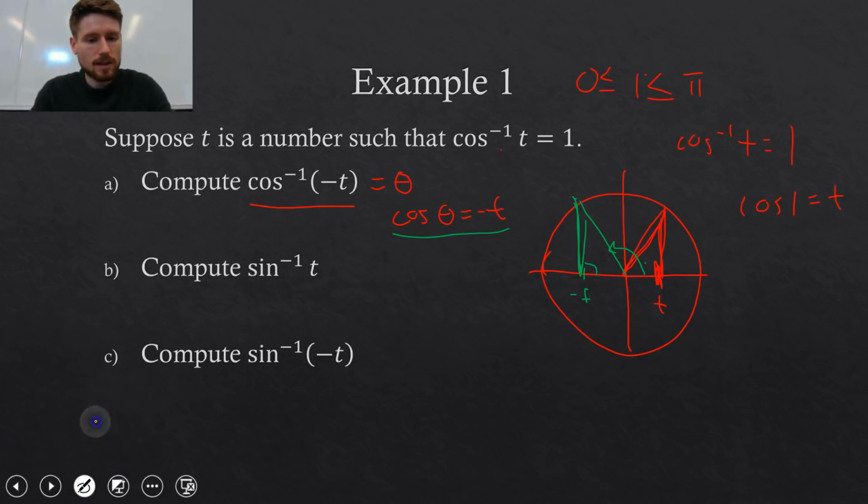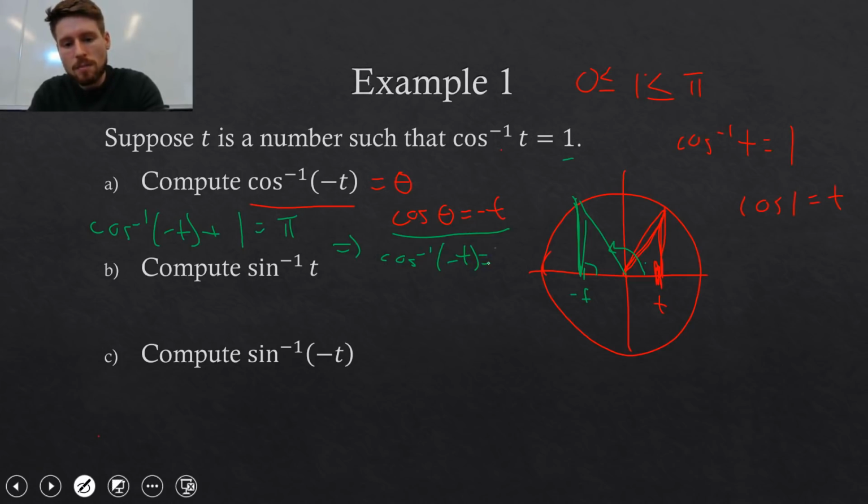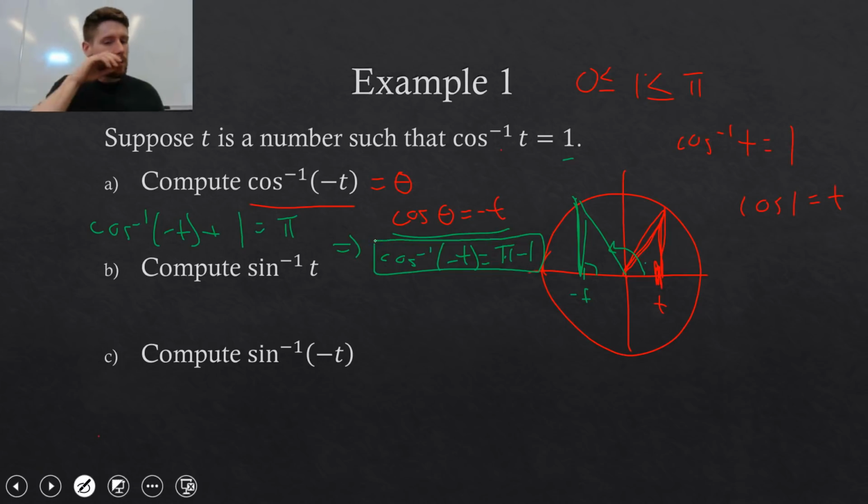So cosine inverse of negative t plus 1, the 1 being cosine inverse of t, equals pi. That tells us cosine inverse of negative t equals pi minus 1. So there's our first computation done: cosine inverse of negative t is pi minus 1.